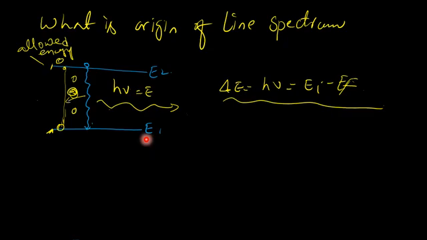It will only jump from one energy level to another all at once, giving the energy to a single photon rather than in some gradual manner. This is the origin of the discrete line spectrum.